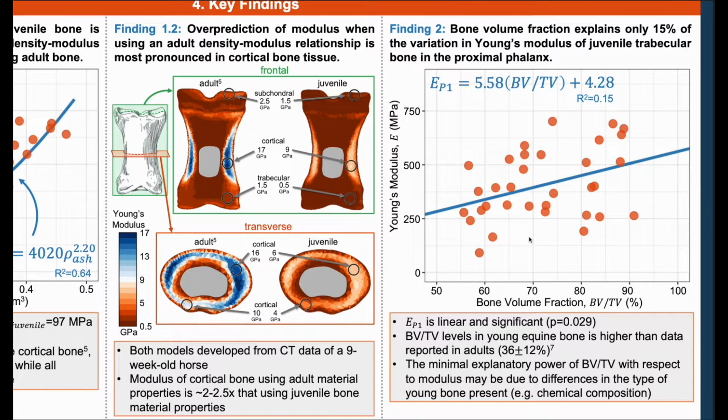We do know that young horses have plexiform cortical bone, whereas adult horses have osteonal cortical bone. So we anticipate there being some chemical differences in the composition of the bones of young horses, which may be explaining some of these higher bone volume fraction values when compared to adults.